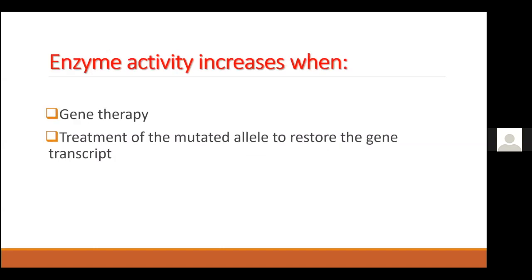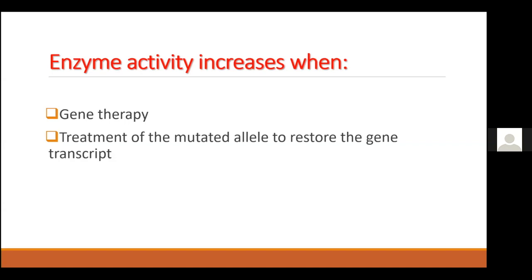So, if we target the enzyme activity, of course, in the genetic setting, you cannot change it. But there are two options by which we can actually affect the enzyme activity. One is gene therapy. We can simply put a correct gene into the cells and make the gene produce the branching enzyme and increase the enzyme activity.